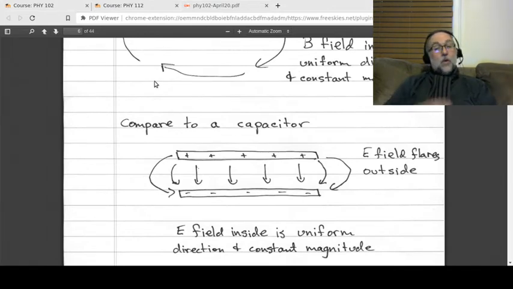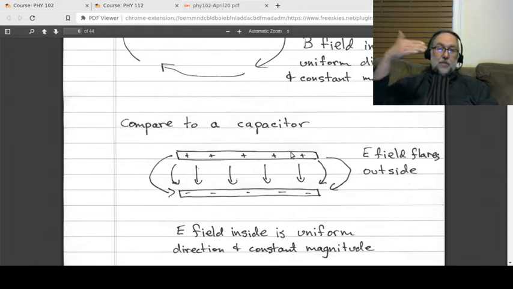You remember with a parallel plate capacitor, if we took one metal plate here, which doesn't look like a metal plate because you're looking at it edge on, so we got one metal plate there that's positive, and another metal plate below it that's negative, like that.